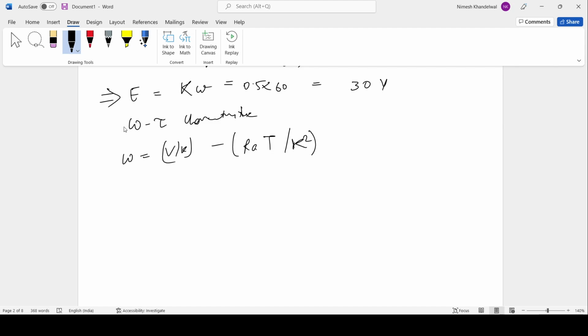Now if you put all these given quantities here, like K, omega, RA, and T, we have already calculated the load torque and K squared, you will get V as 37.2 volts.